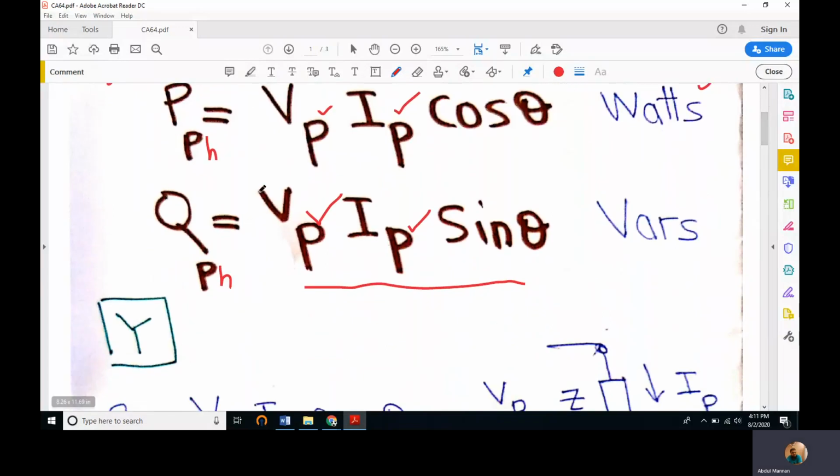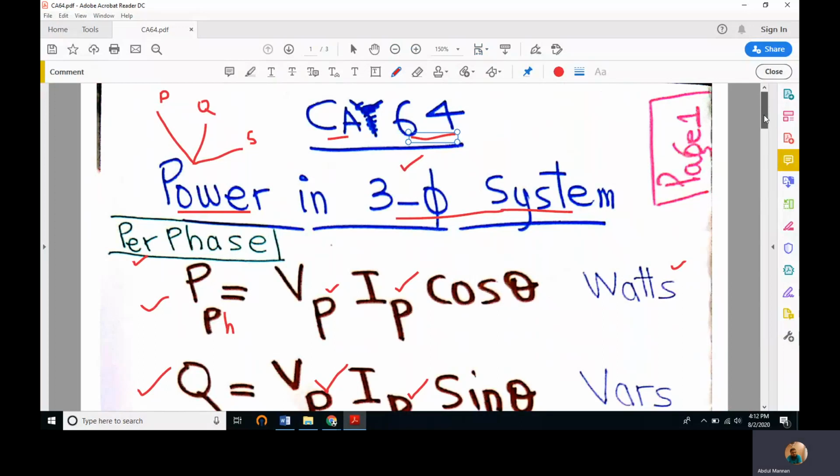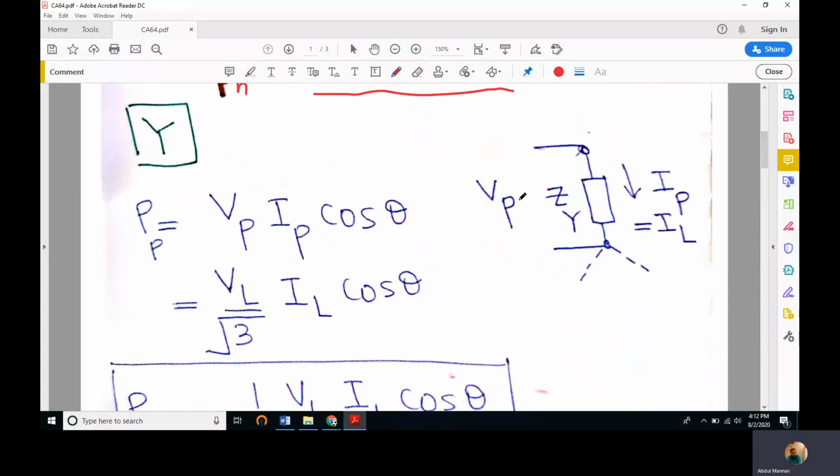Now let's see what P and Q are for a Y-connected system. We already know the per phase representation for a Y-connected system. We have two types of voltages in Y, the line voltage and the phase voltage, and the phase voltage can be written as the line voltage divided by square root of 3.